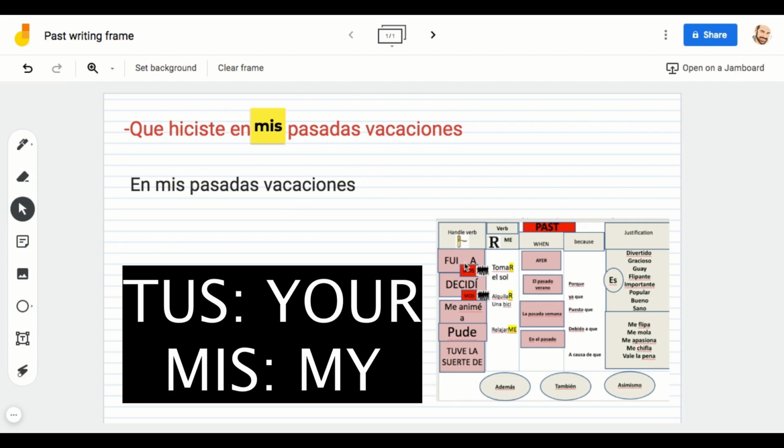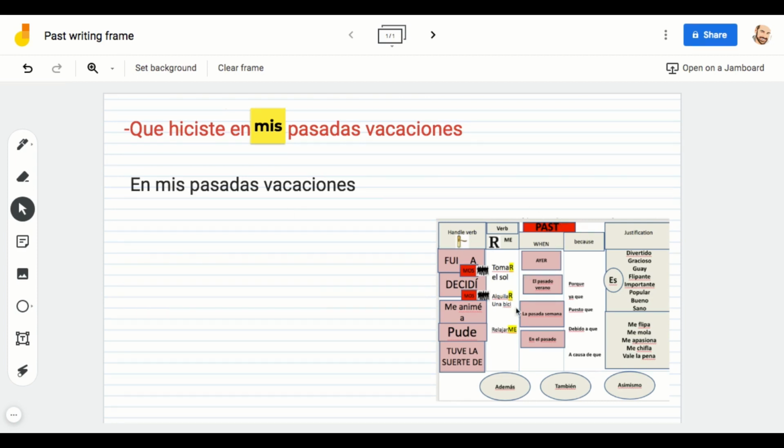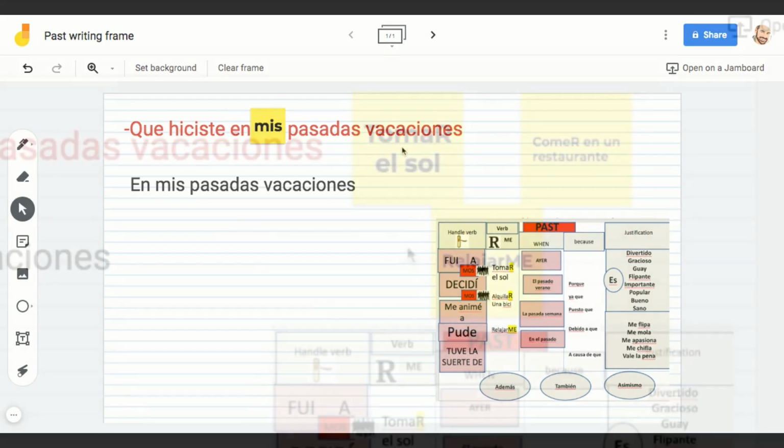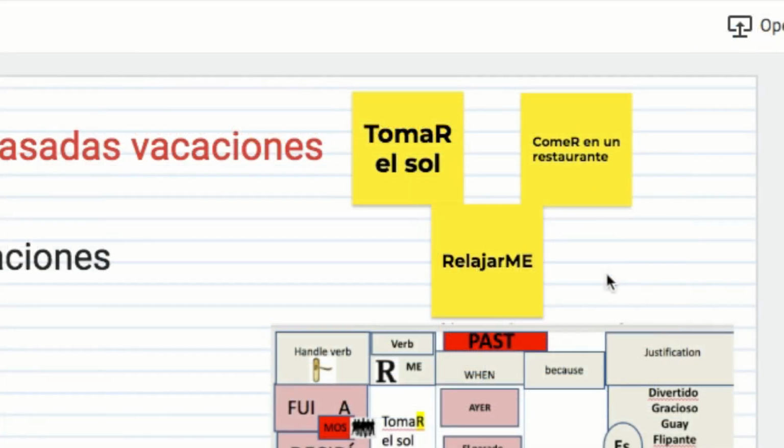Now we need to use the frame to start writing our past expressions. The first thing we have to do is think of verbs related to the topic of holidays, because we're talking about vacaciones. As you can see in here, I've got some verbs that I can use in my frame: tomar el sol, sunbathing, comer en un restaurante, o relajarme, to relax myself.